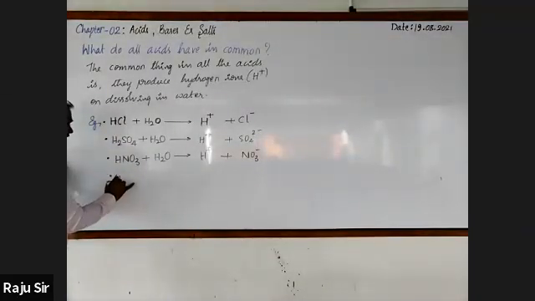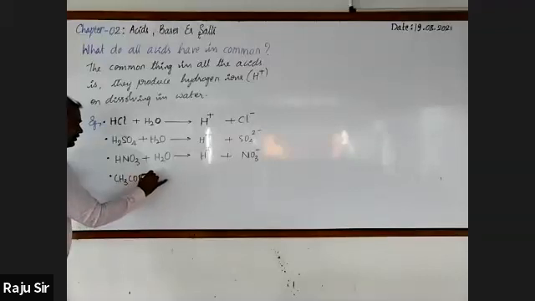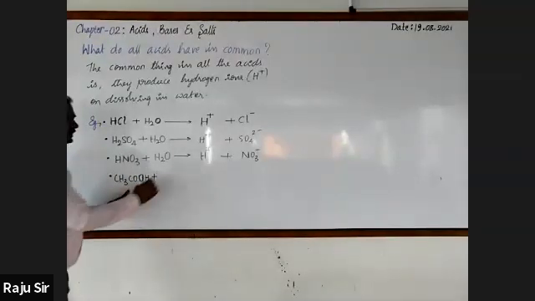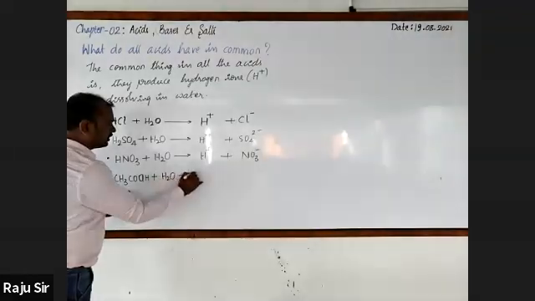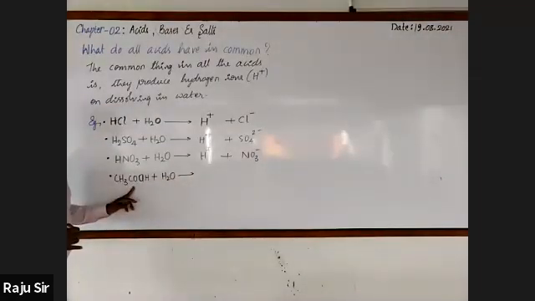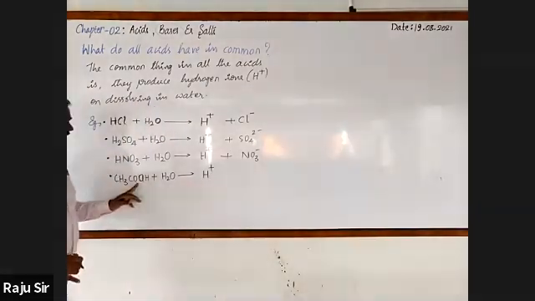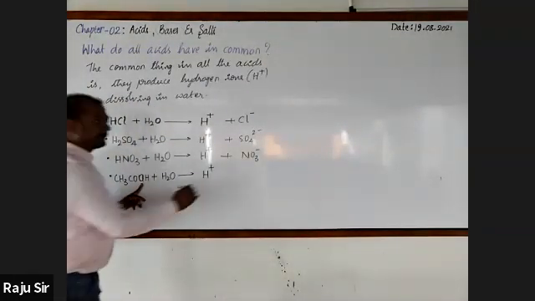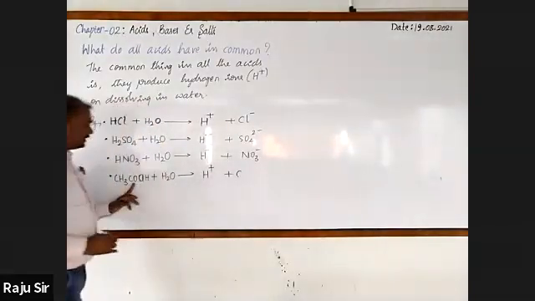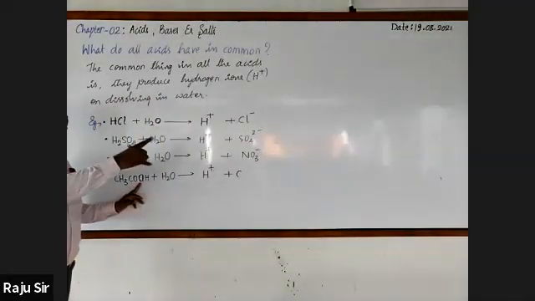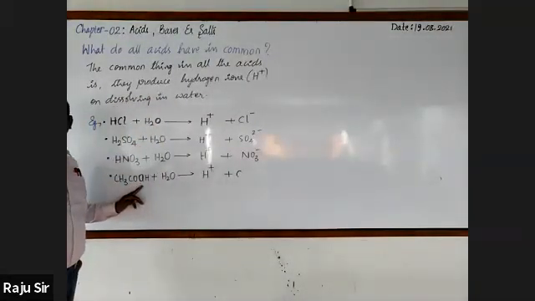Next, I'll take CH3COOH. When it is dissolved in water, name the ions that are produced. Hydrogen ion and the second one? CH3COO minus. Yes, that is acetate ion.